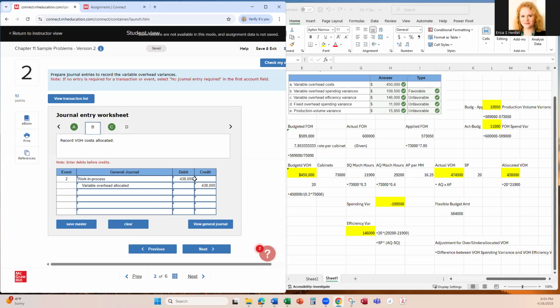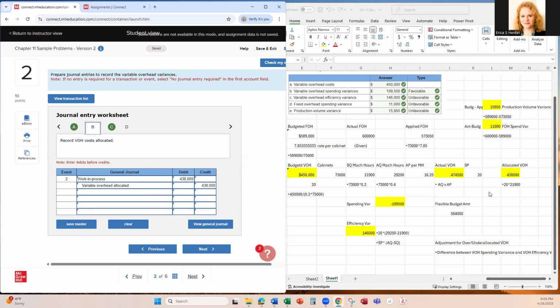It wasn't the actual amount of the expense. So this work in process will eventually go into finished goods inventory, and then when it gets sold, it'll get pushed into cost of goods sold. But we don't want only the amount we allocated to end up in our cost of goods sold. Ultimately, we want what we actually paid to end up in there. So we have to make sure that those numbers get pushed in there.